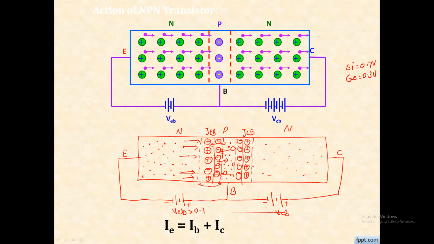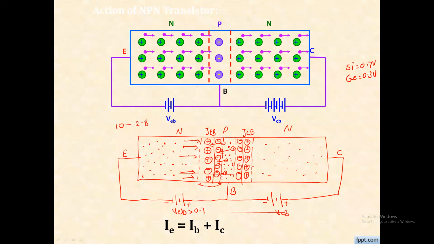But when they come into that P region, what are the majority carriers in the P region? Holes. It means that few of the electrons coming into the P region combine with the holes. म्हणजे सपोज आपण असं कन्सिडर करूया की 10 इलेक्ट्रॉन्स हे इमिटर कडून बेस रिजनमध्ये गेलेत, परंतु बेस रिजन इज अ व्हेरी लाइटली doped आणि इट्स अ व्हेरी थिन, सो very less number of holes are present. Out of these 10, 2 electrons combine with the holes and the remaining 8 electrons are as it is in the base region.